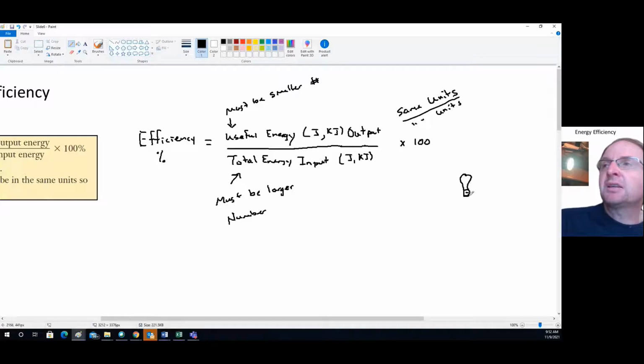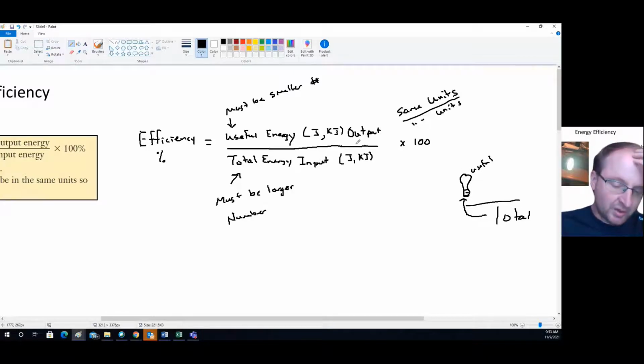Ultimately, some of that electrical energy is going to be lost as heat, and it's the light that's useful, right? So your total is always going to be bigger than your useful that comes out, right? That just kind of makes sense. You've got a big total here, but a bunch of it gets lost as heat. Some useful comes out, and again, that's why we put our smaller number on the top, larger number on the bottom.